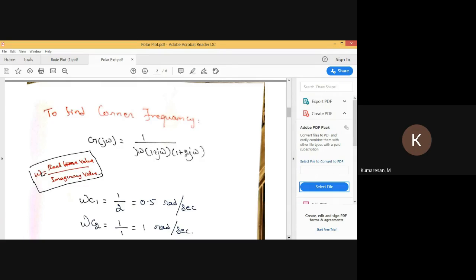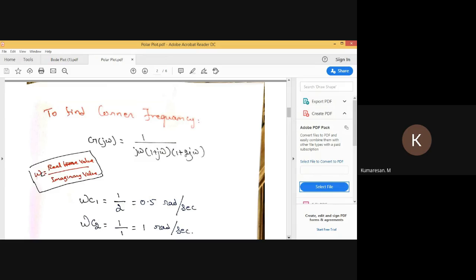The first term is j omega. j omega is an imaginary value and there is no real value, so the real value is 0. 0 divided by 1, that is 0. So there is no corner frequency for the first term, j omega.